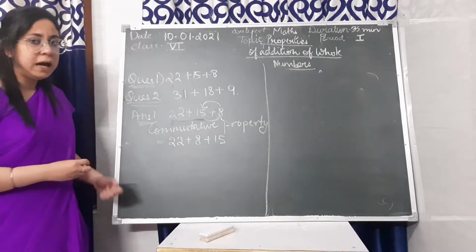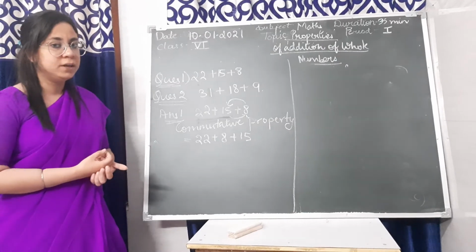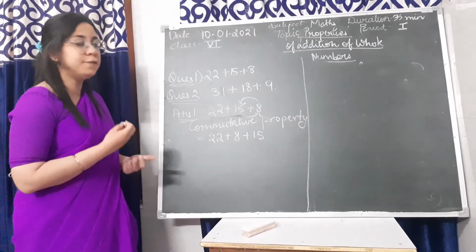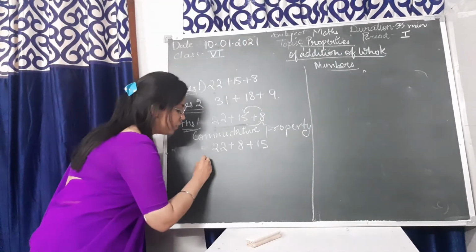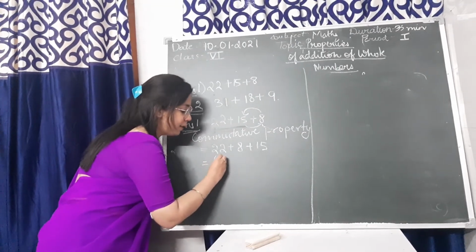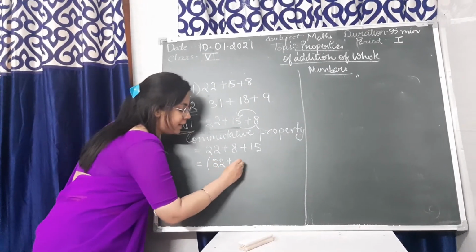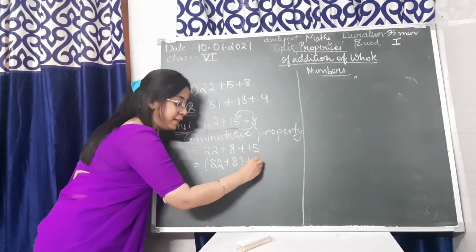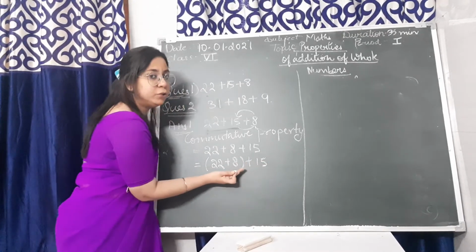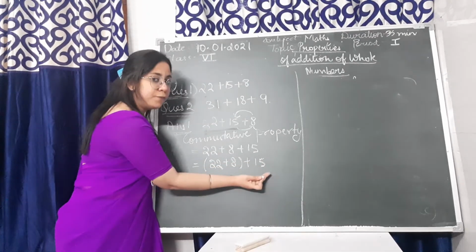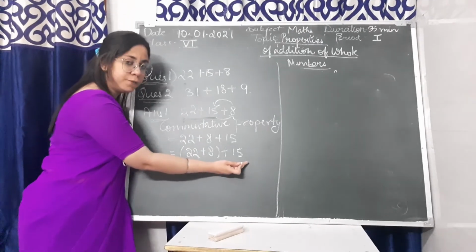Now here again I can use one property, that is the associative property. When you are using the associative property, you can put 22 plus 8 in brackets. That means we are going to add 22 plus 8 first, followed by the addition of 15.